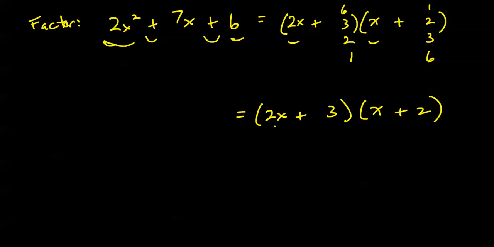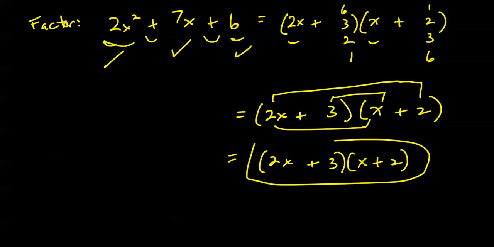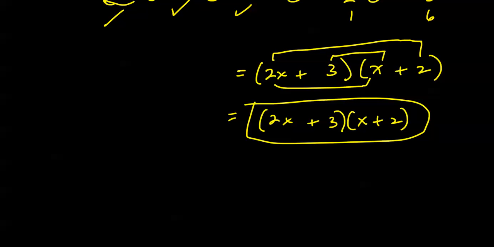Let me check it. 2x squared, fine. Outer product, 4x. Inner product, 3x, and those do indeed add up to a 7x, and 3 times 2 is 6, the last product. So I get 2x plus 3 times x plus 2. Right? And once you find a layout that works, it is unique, at least with regard to reordering the factors.